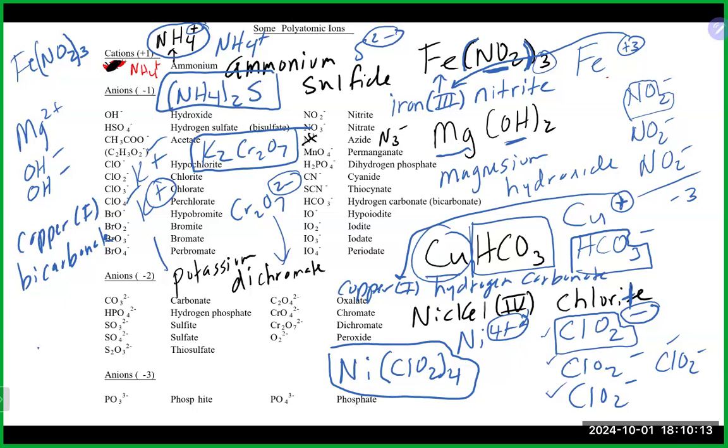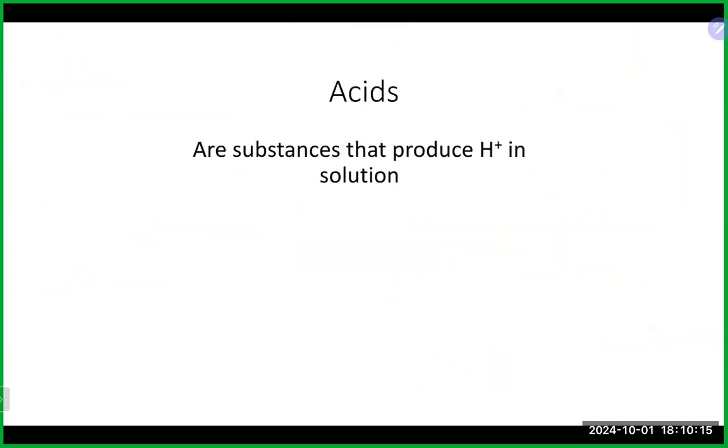So the next thing we're going to talk about is, I guess we'll do acids. Why not? Acids are substances that produce H plus ions in solution. H plus ions are the hydrogen ions. It's also sometimes referred to as a proton in acid-base chemistry, because a hydrogen has a proton, an electron, and no neutrons.